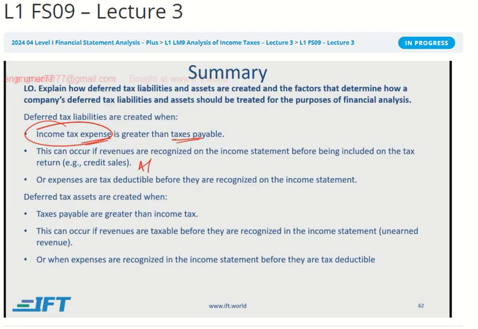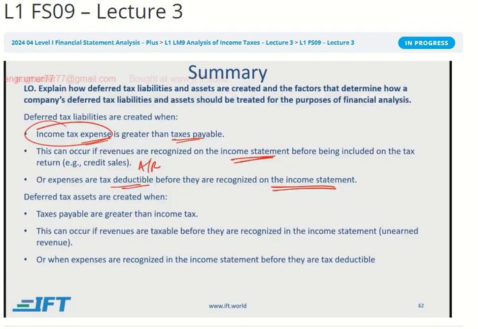So accounts receivable, for example, if you have revenues that are showing in your income statement, but the government is not recognizing those revenues because no cash has been received for them, right? Or there are some expenses which are recognized on the income statement but not recognized on the government's record, such as bad debts, right? So this could lead to a DTL.